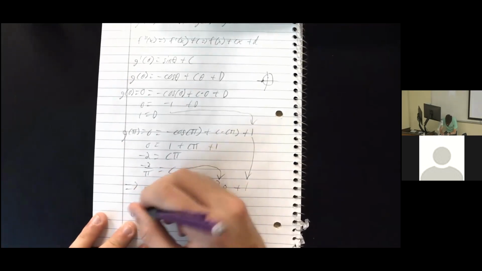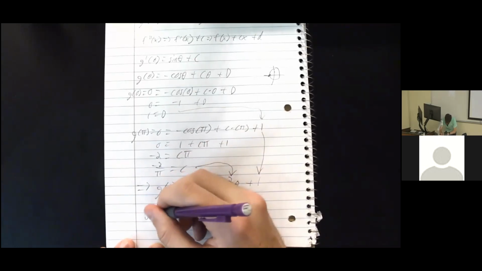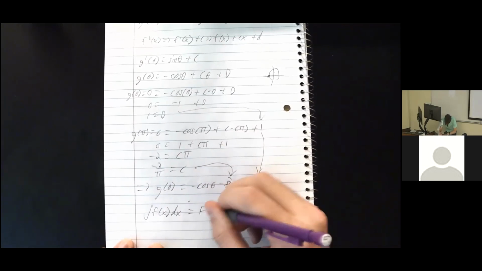It's basically just plugging in values to solve for specific constants. So when you get into indefinite integrals, you'll always have to add your c at the end of that. So with indefinite integrals, you have the integral sign of f of x dx equals F of x plus c, right?